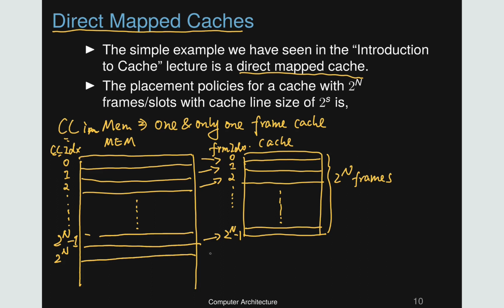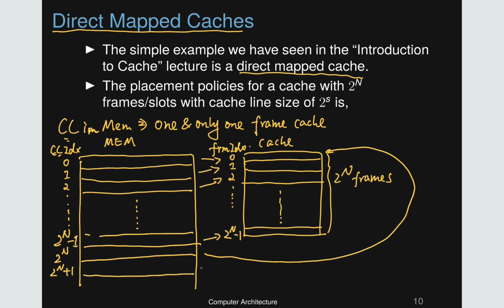And then the next cache line in the memory, cache line 2 to the n, is going to be mapped back to the beginning of the cache, to the frame with the index of 0. Then the next cache line, 2 to the n plus 1, is going to be mapped to the frame with index 1.